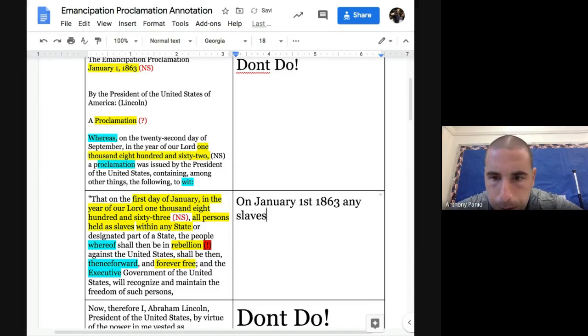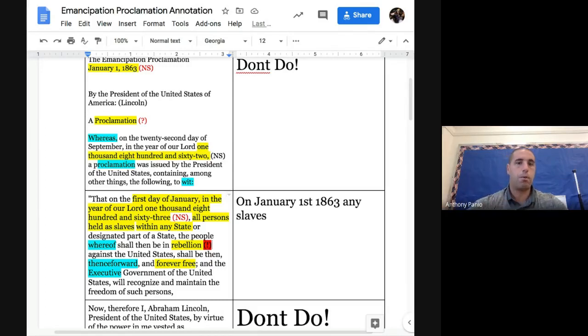Keep it going: all persons held as slaves within any state or designated part of a state, the people whereof shall be in rebellion. So I highlighted the word rebellion. If someone is in rebellion, are they with you or are they against you?